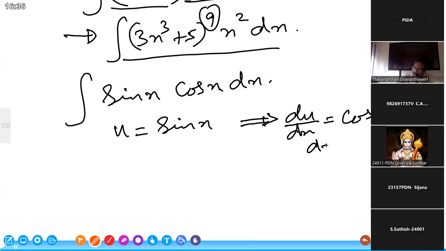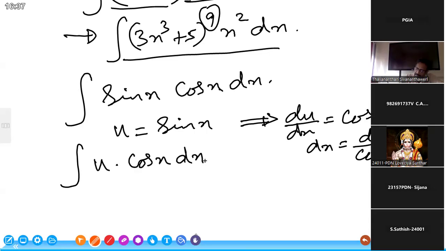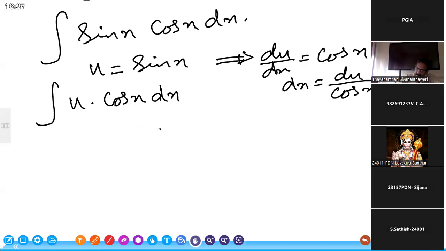From that, dx is equal to du by cos x. Keep that aside, then we could write it as sin x, that is u, into cos x dx.